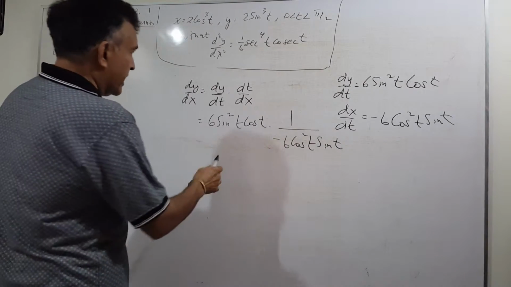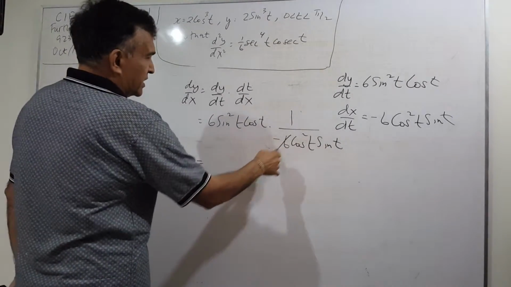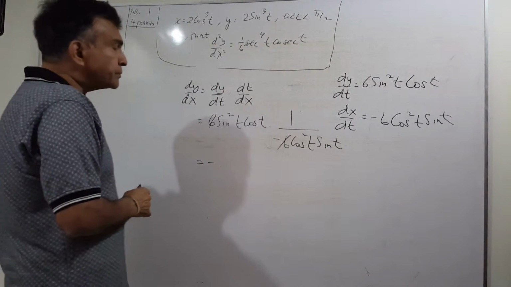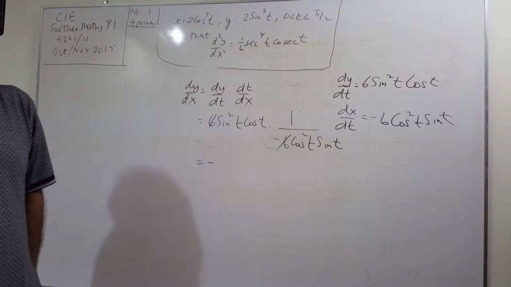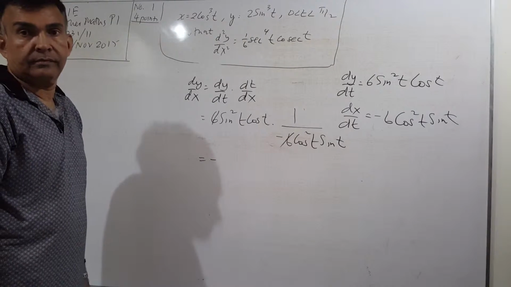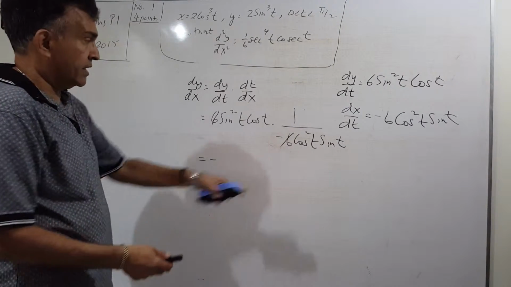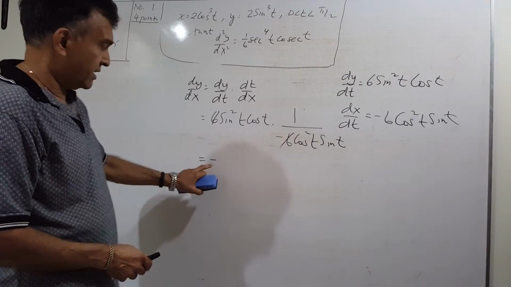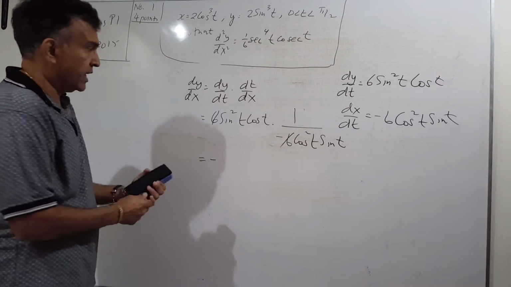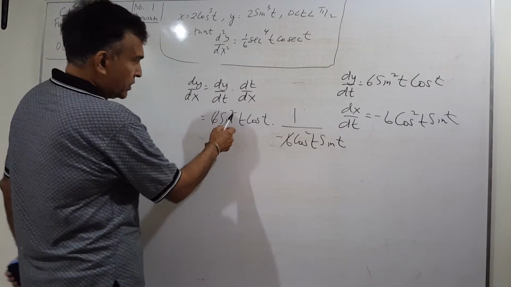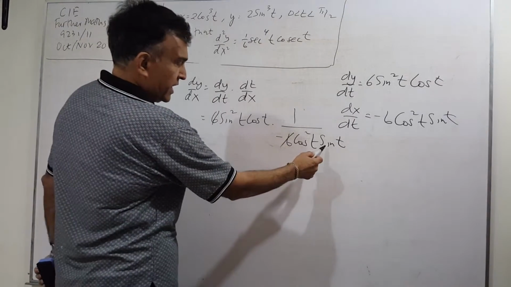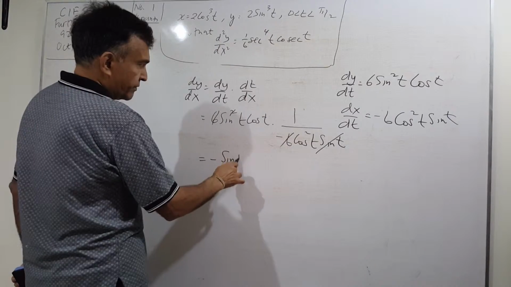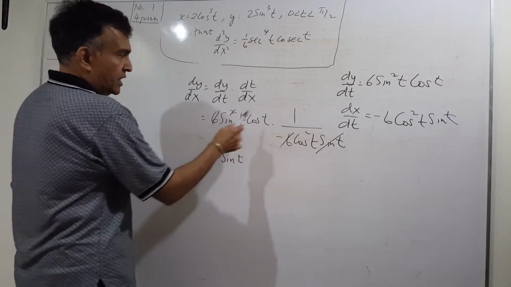Let's clean this up a little bit. This 6 and this 6 cancel. I'm going to leave my negative here. I have sine squared on top and sine below, so cancel one, leaving sine t in the numerator.